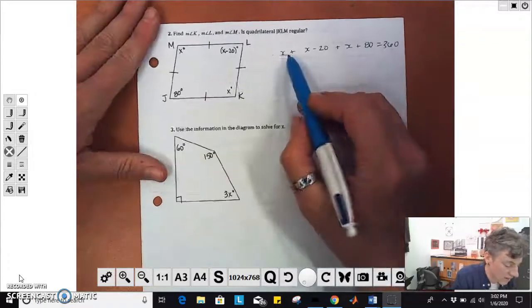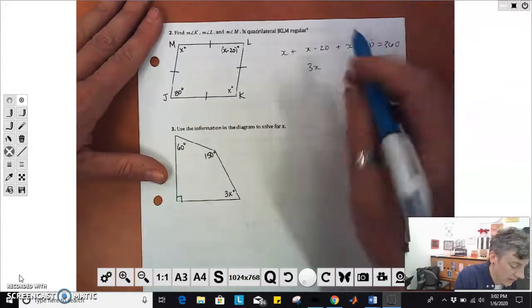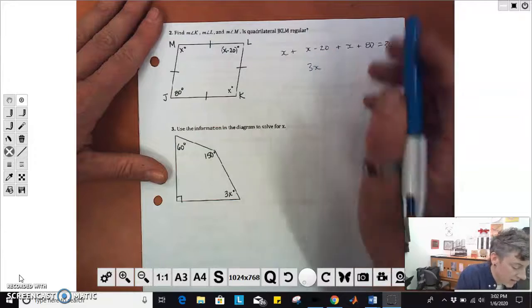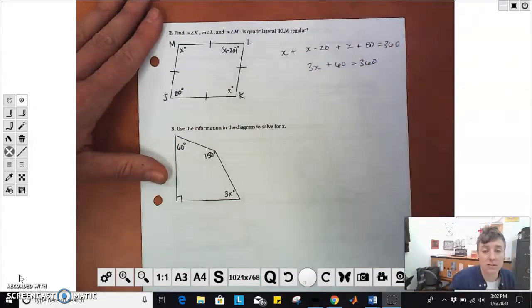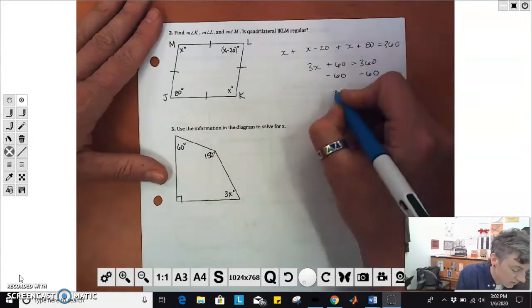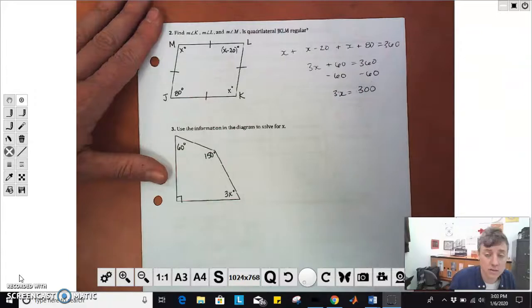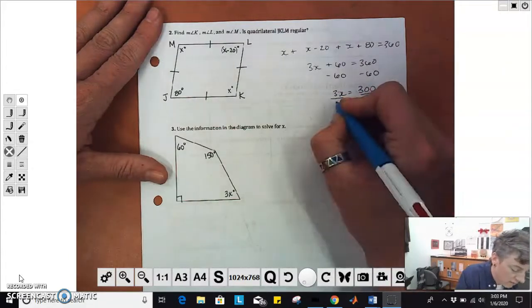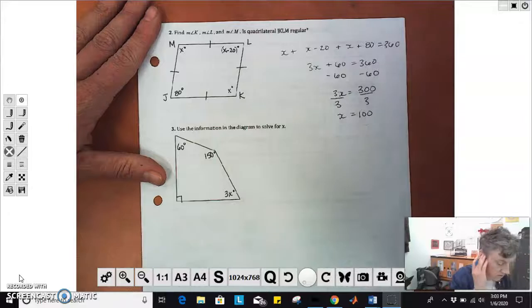So if we simplify, we've got x and x and x, we've got 3x. And a negative 20 plus 80, that means that's 60, is 360. Let's subtract 60 on both sides, and we get 3x equals 300. Divide everybody by 3, x equals 100.